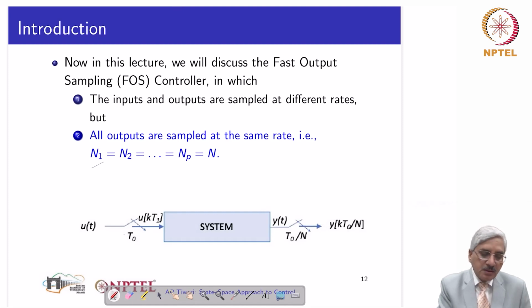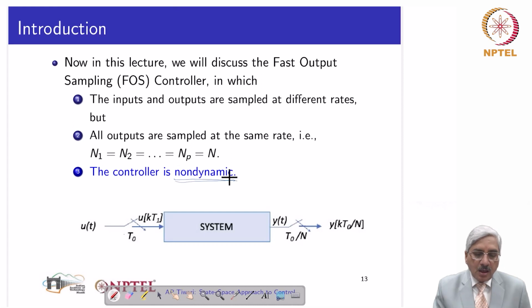That means N1, N2, etc., Np, all are equal, and they are equal to integer n. The second difference is that in the fast output sampling control, the controller is non-dynamic. It depends only on the values of the samples of output collected during one sampling interval.